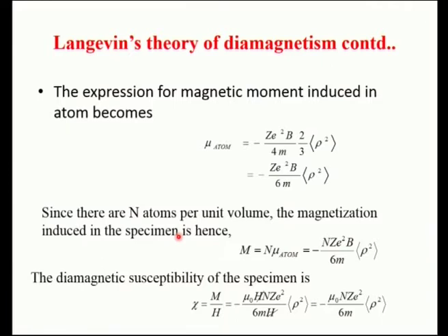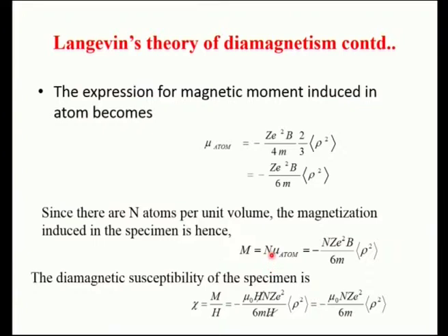Now since there are N atoms per unit volume, the magnetization induced in the specimen is equivalent to M, that is equal to capital N, the number per unit volume, that is concentration, multiplying mu atom. This mu atom is actually for a single atom, right?